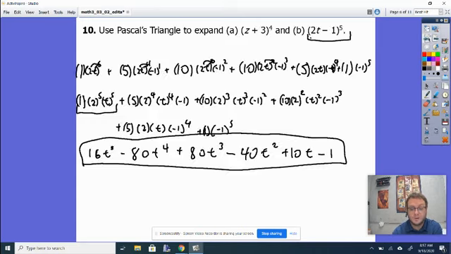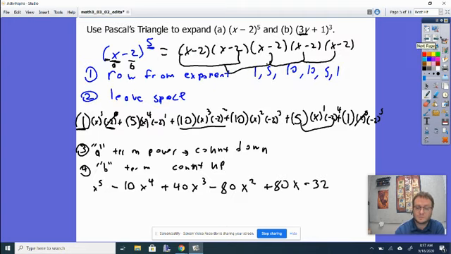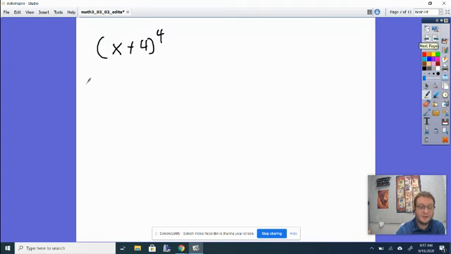So looking at the fourth row, 1, 4, 6, 4, 1. I'm going to write down my row. I'm going to count down my x's after I put parentheses.